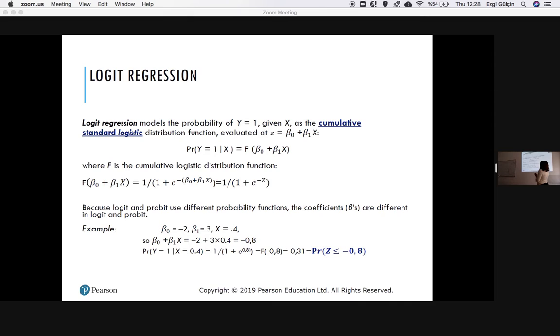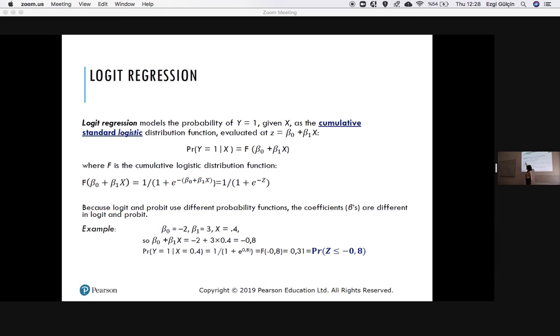So now we are going to introduce the logit regression, and again, the idea is exactly the same. The only difference is that instead of using the cumulative distribution function of a standard normal distribution, we use the logistic distribution, which has this specific form.